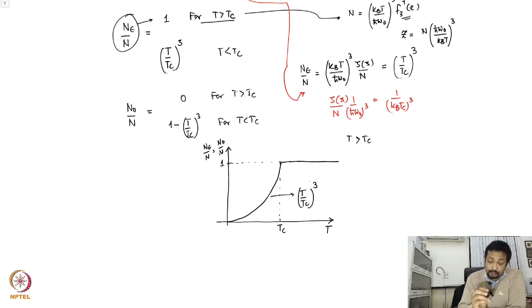In contrast, the fraction N0 over N, the number of particles populating the ground state, is 0 for all temperatures above Tc, because you can accommodate these particles in the excited states. As you keep reducing the temperature below Tc, you start populating the ground state more and more, so that at T equal to 0, this ratio is 1.